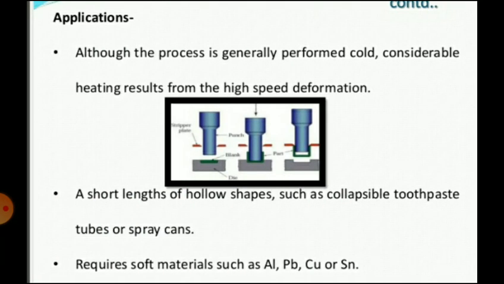Applications of impact extrusion: although the process is generally performed cold, considerable heating results from the high speed deformation. It makes short lengths of hollow shapes such as collapsible toothpaste tubes or spray cans.